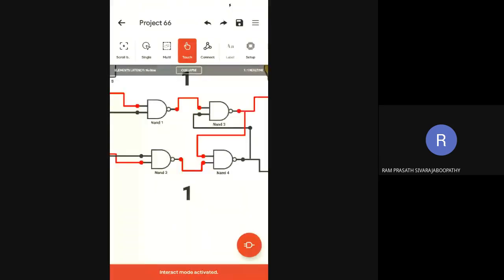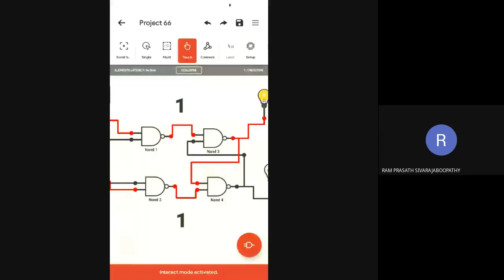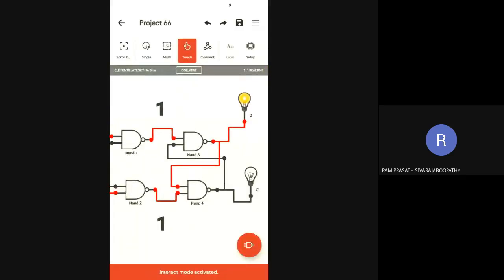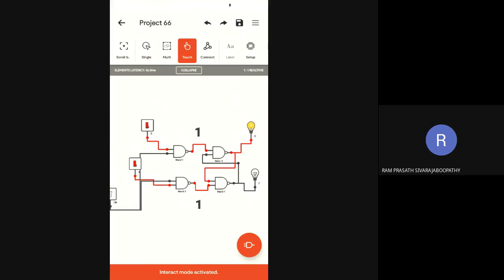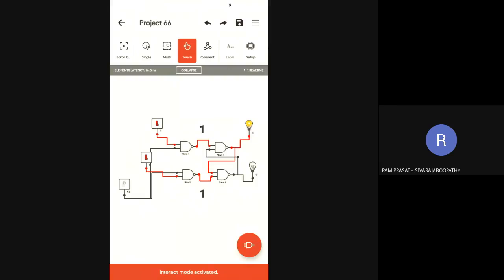You can see the red color line. Next, when Q output is stable, look where the other input of NAND gate 4 comes from: NAND gate 2. Both are 1, so output is 0. So NAND gate 3 gets inputs 1 and 0, so the output is 1. At the instant of disable, Q output is fed back to NAND gate 4. As it is 1, Q bar becomes 0.